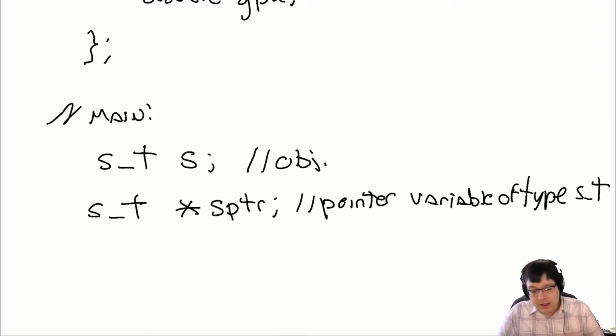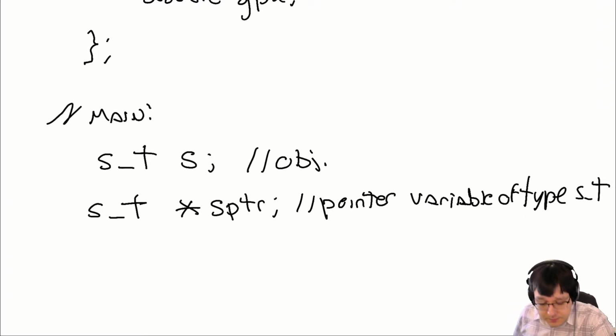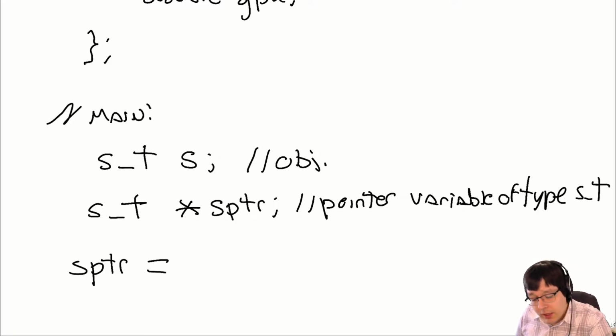Okay, so anyway, we have a pointer and we have an object. Let's make that pointer point to the object. So that's very simple to do. Here's your pointer, it's called sptr, and just like we did with the integer before, all we've got to do is put the object name, and then what we're trying to do is make sptr point there.